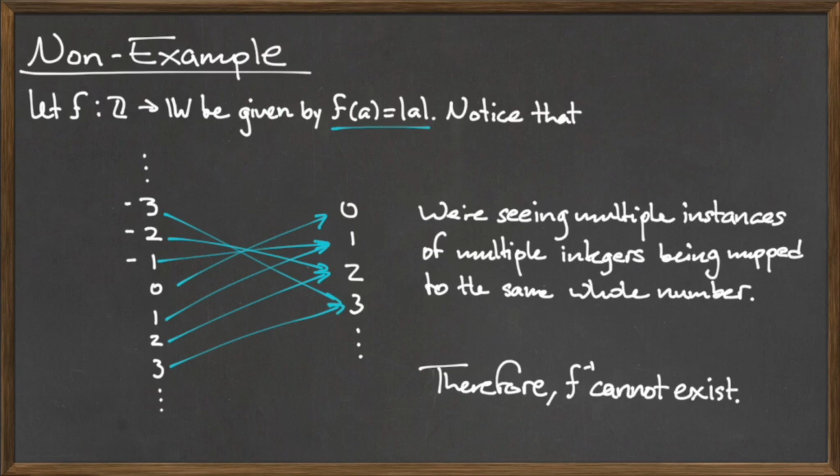The absolute value of both -2 and 2 is positive 2, and so on. Remember that for a function to be invertible, every image must have a unique preimage. Since 0 is the only element here that has a unique preimage, the function f(a) equals the absolute value of a is not invertible, and therefore f inverse does not exist.